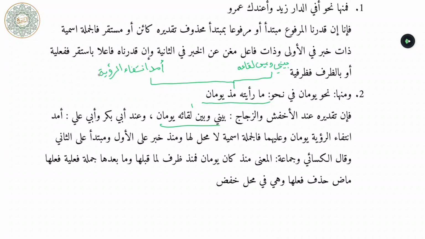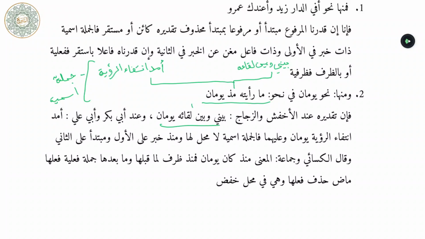Okay. According to Az-Zajjaj and Abu Ali's interpretation, both interpretations would refer to mudh yawman as a jumla ismiya. The only difference is that in the first interpretation, that of Zajjaj, mudh is serving as the khabar and yawman is the mubtada.